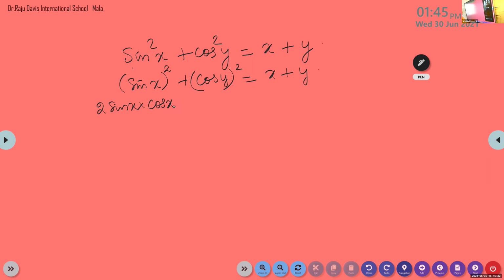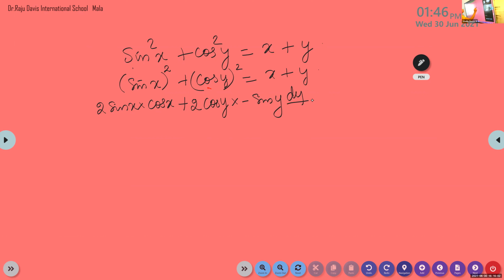Now tell me Achyut, what is the derivative of cos y the whole square? Minus 2 cos y into the derivative of cos y, which is minus sin y, into dy by dx.